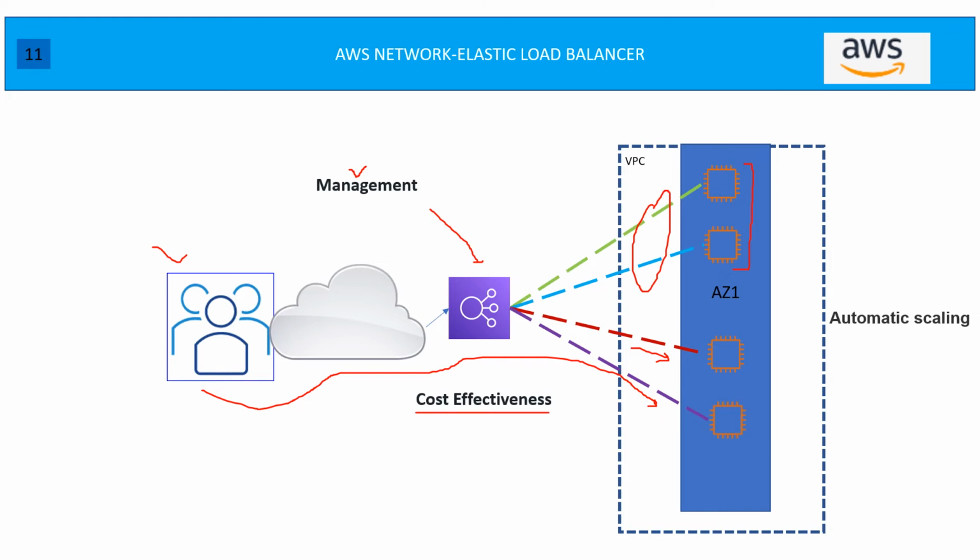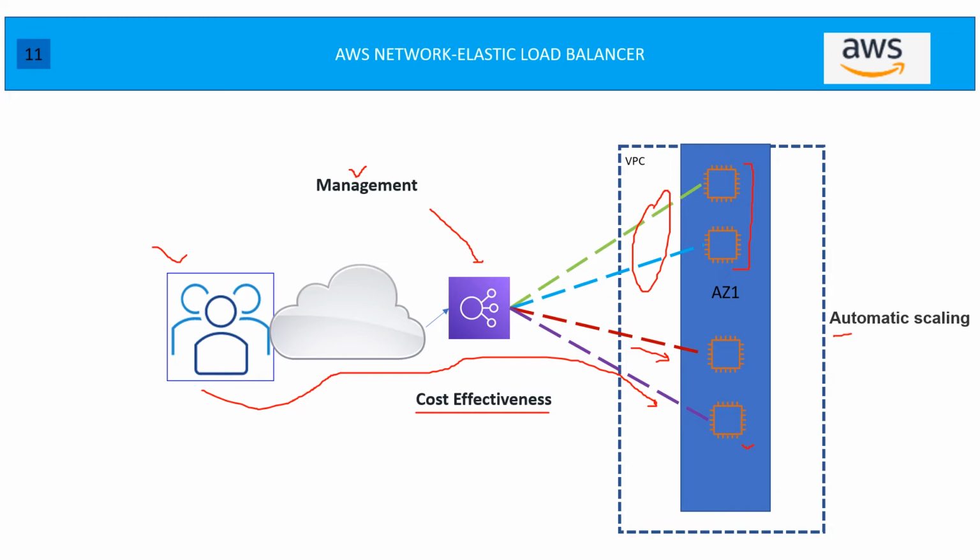Cost effectiveness, as I mentioned: if you want to do your SSL offloading on these servers, these are going to be very highly compute intensive devices. Since I am offloading on the load balancer, I can go for low cost instances and serve the purpose.